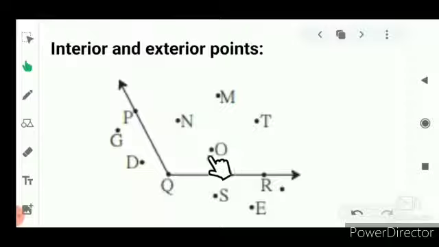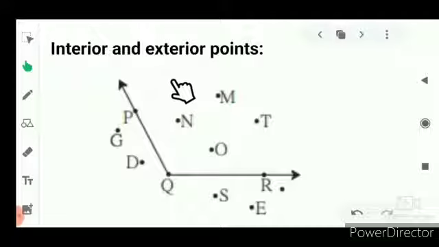Means the points which are not on the arms of the angle but lie in the interior of the angle.